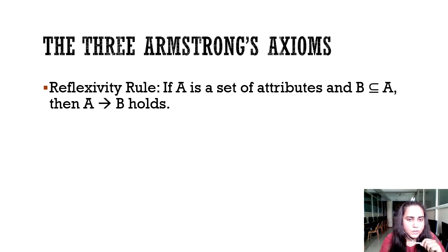If you look at it even logically, this is a type of trivial functional dependency where the right side is actually a subset of the left side, and if the right side is equal to the left side, then obviously it's like saying A determines A, which is always true.